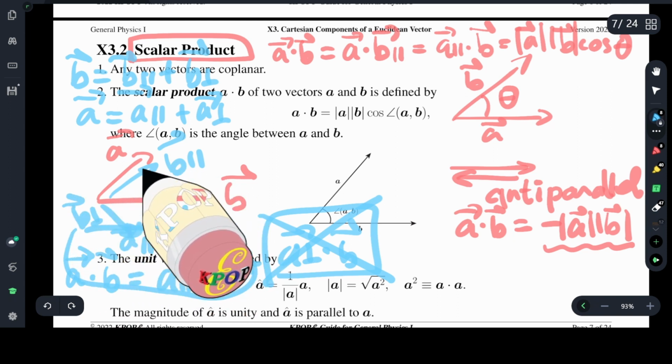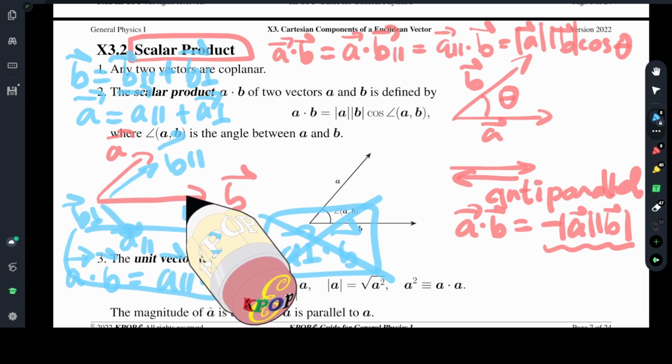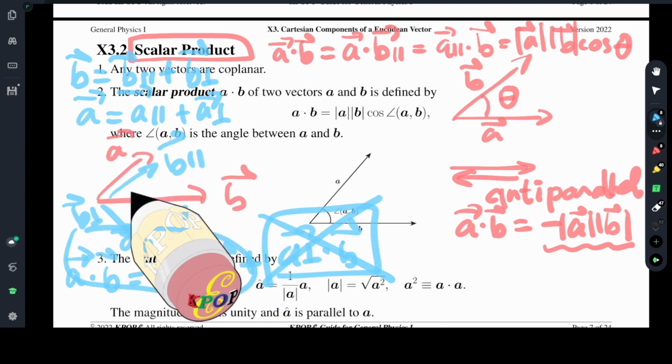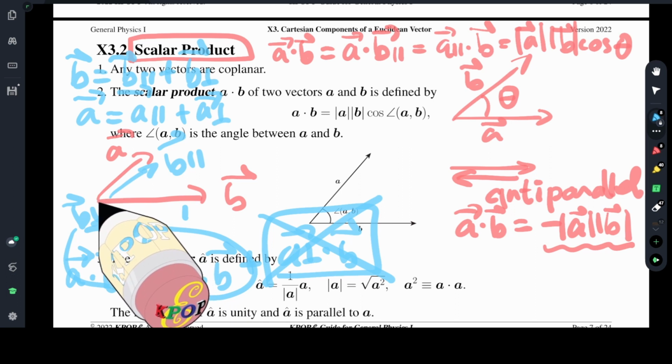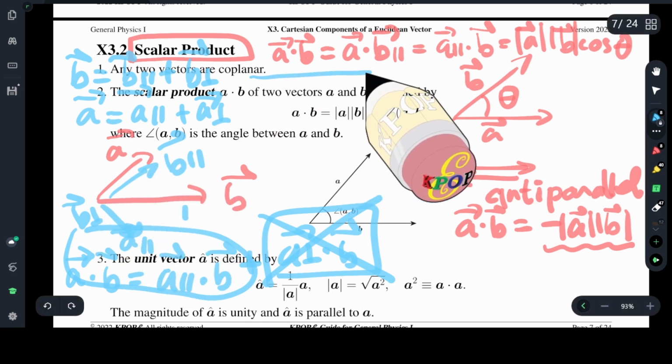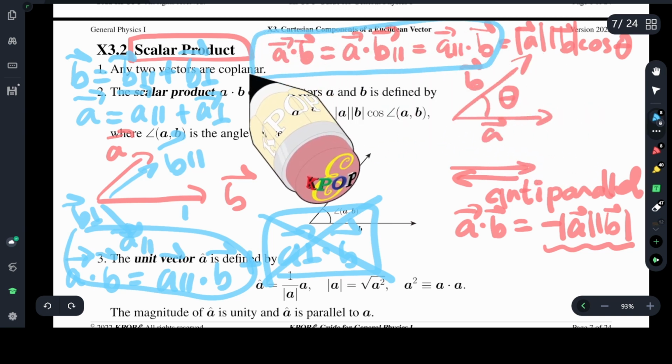B parallel means B's component parallel to A, and B perp is B's component perpendicular to A. So in this way, we can define the scalar product.